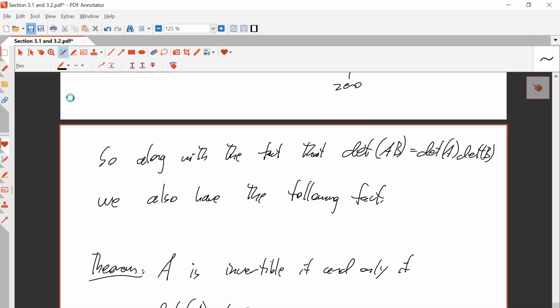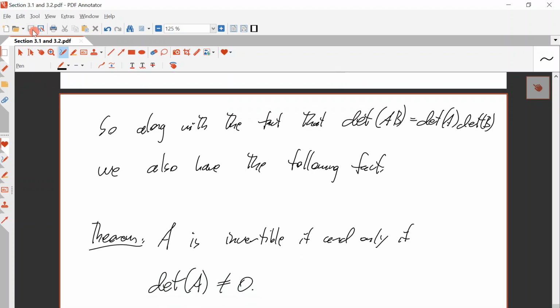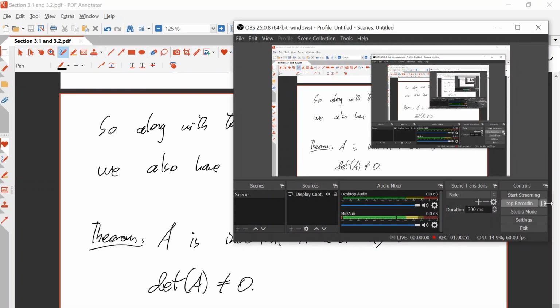So another characterization of invertible matrices comes from determinants, as well as from pivots. Okay, so that's the end of the lecture on this section.